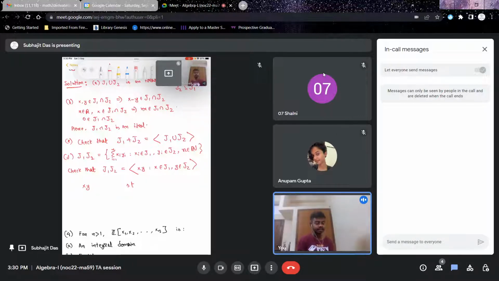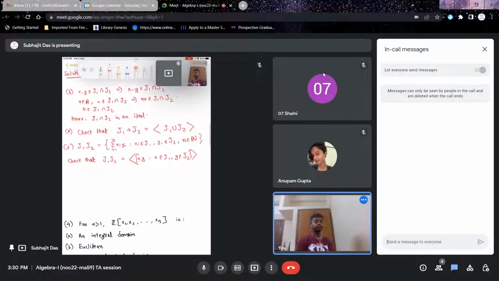There is no guarantee that the sum will also be in this particular set of products only, right? So you need to close it under sums, and that is how you get this one. So it's the ideal generated by this particular subset of all products xy, where x is in J1 and y is in J2. But I understand why you wanted to say J1 intersection J2.